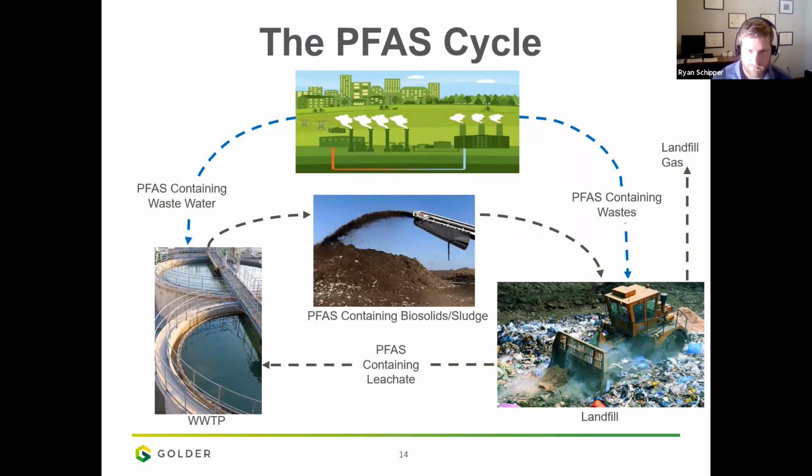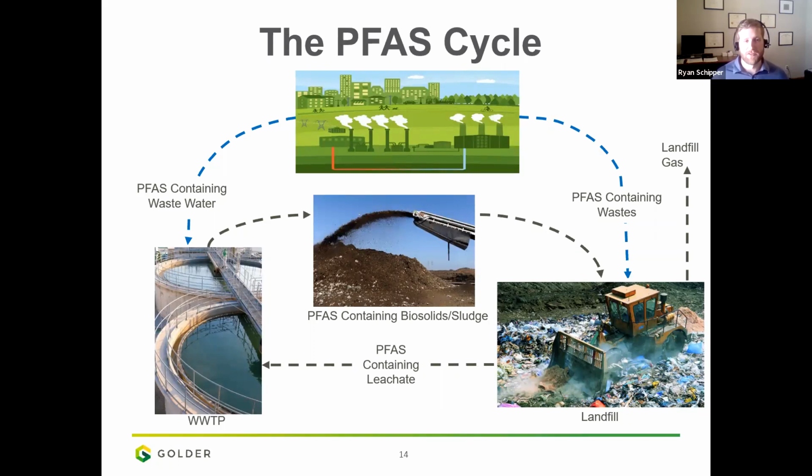So those are the sources into the landfill. Once we get the PFAS into the landfill, because PFAS is a lot of times relatively weakly partitioning, you will end up with high concentrations of PFAS within the leachate. And where does that go? Well, in many cases in the US, at least, and a lot of other areas in the world, that can then be discharged to the wastewater treatment plant.